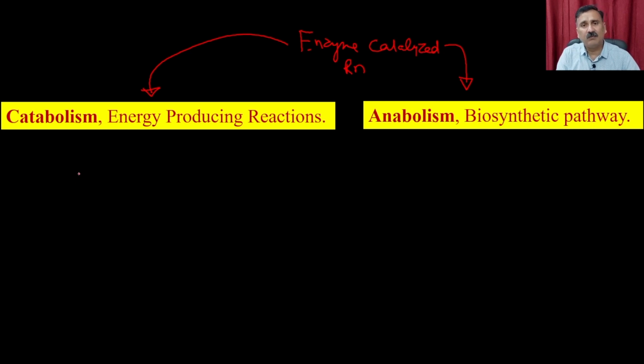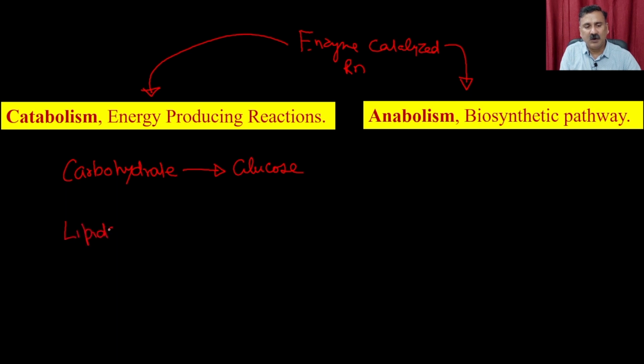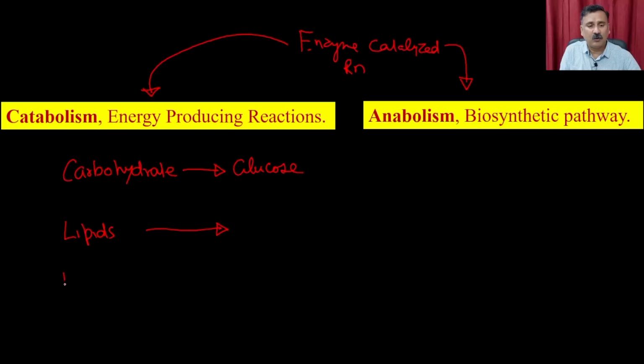The biomolecules you use under catabolism are carbohydrates, such as glucose, and you can also use lipids. In very small quantities, under starvation conditions, proteins are also utilized in the catabolic reactions.